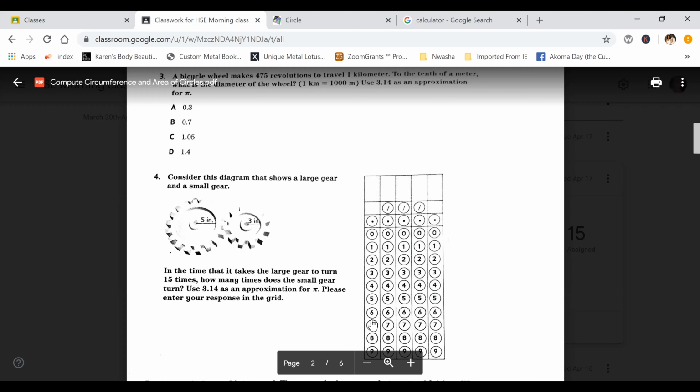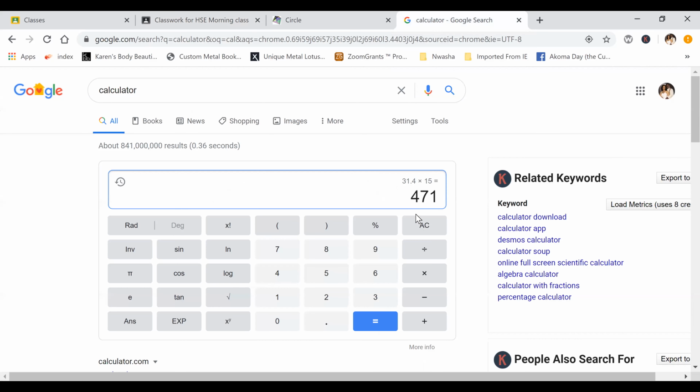So what you're going to do now is figure out what is the circumference of the small gear. So that you're doing it in the same way, the 3.14 times the diameter, which is 6, and you get 18.84. So this is what you're going to divide.